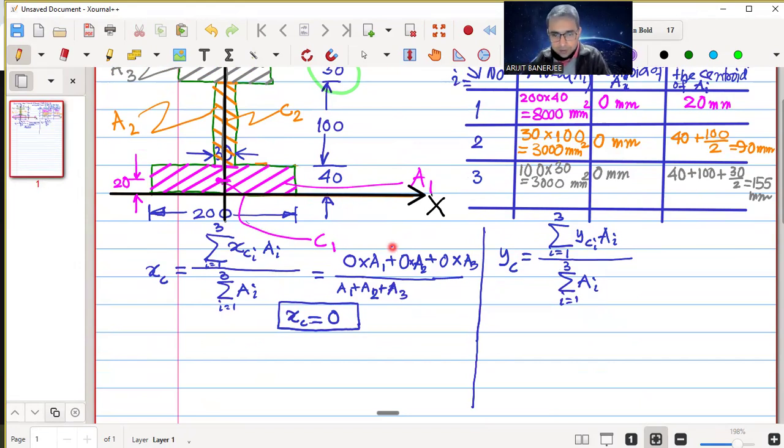Okay. So therefore yc is equal to, now we will break down this summation.